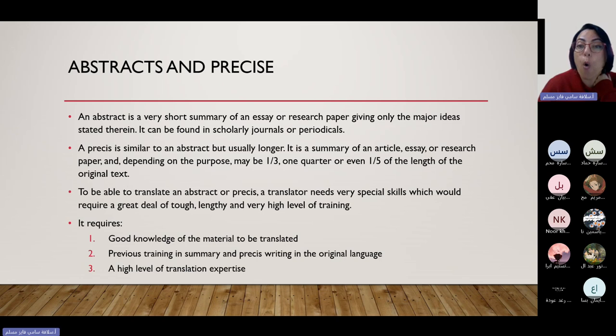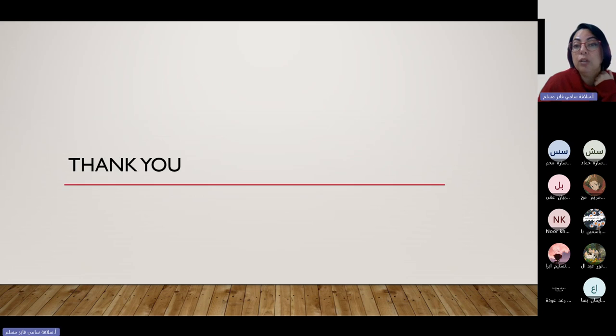You will have to read the whole journal, the whole text, previous training in summary and précis writing, because as I told you, these have their own rules in writing, and a high level of translation expertise. Okay, so you will not do that unless you specialize in translating abstracts and summaries at the end. When you want to become a full-fledged translator, you will have to translate these, so you will learn how to do them on your own.